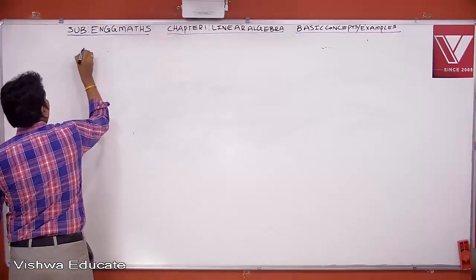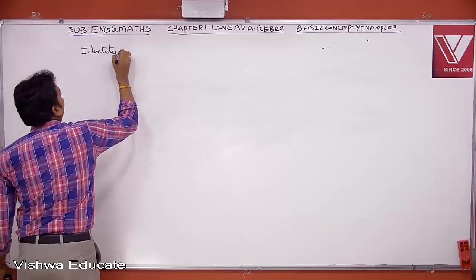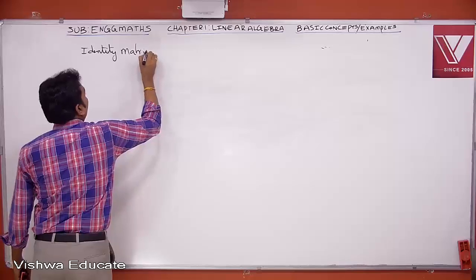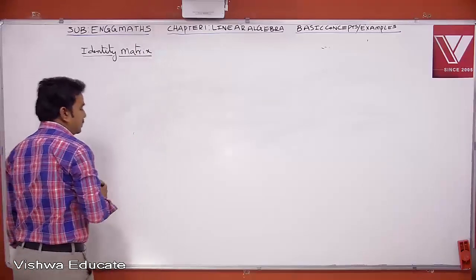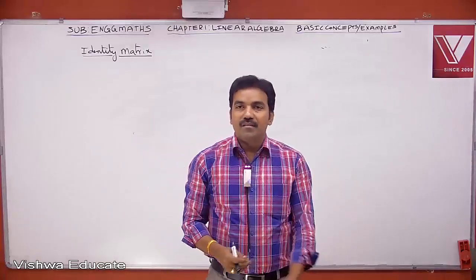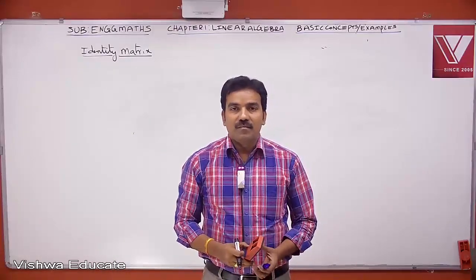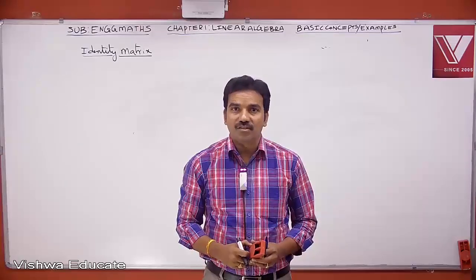Next definition, identity matrix. Just now we have seen a scalar matrix. So what is a scalar matrix? A diagonal matrix in which all diagonal elements are same.